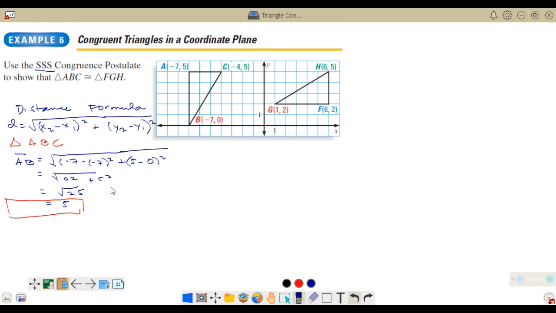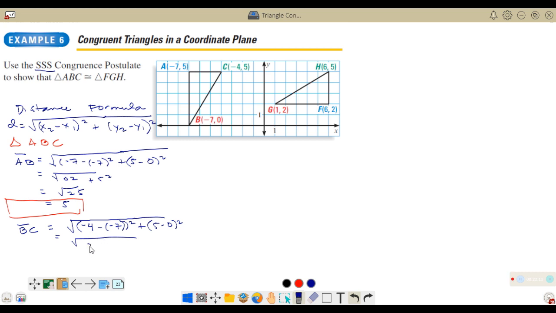Next na side, we have BC. So, BC is equal to the square root of negative 4 minus negative 7 squared plus 5 minus 0 squared. Compute tayo.